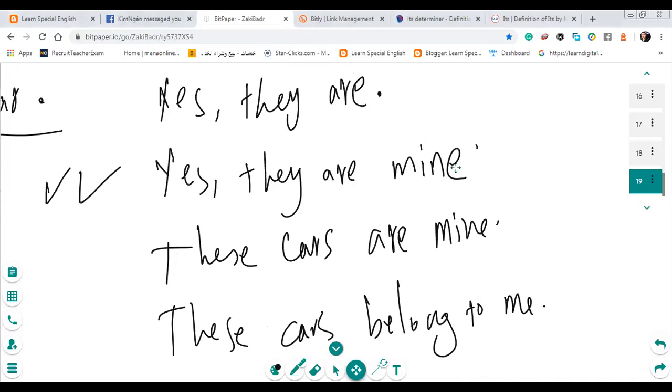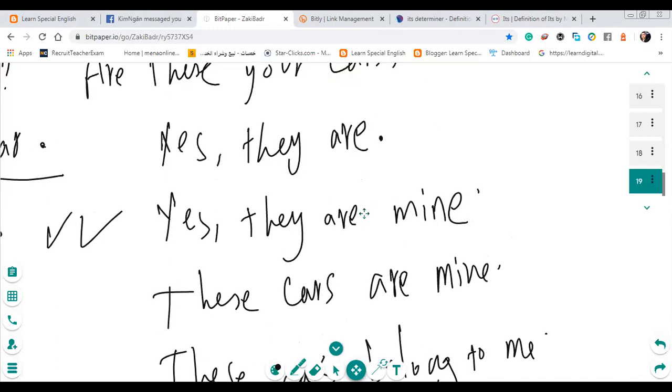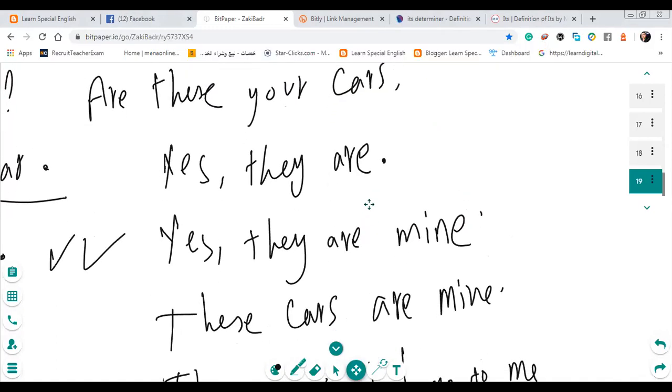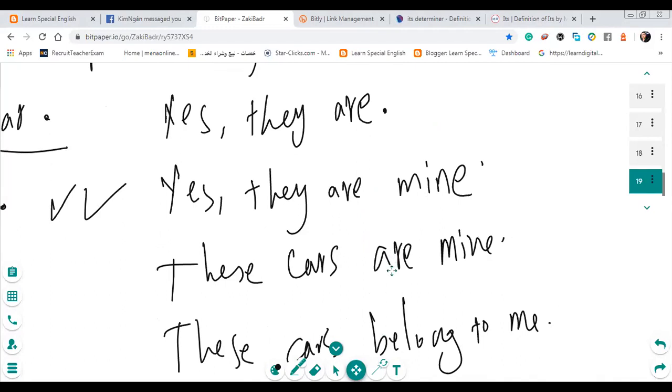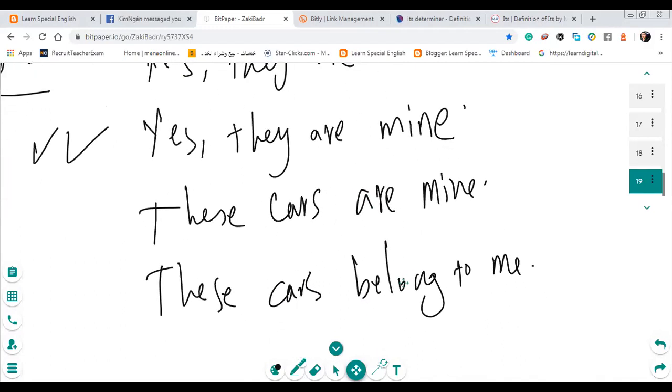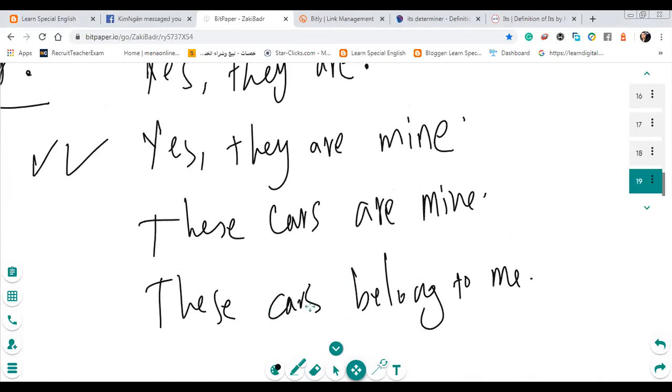Think about it. Are these your cars? Yes, they are. Yes, they are mine. These are mine. These cars are mine, and these cars belong to me.